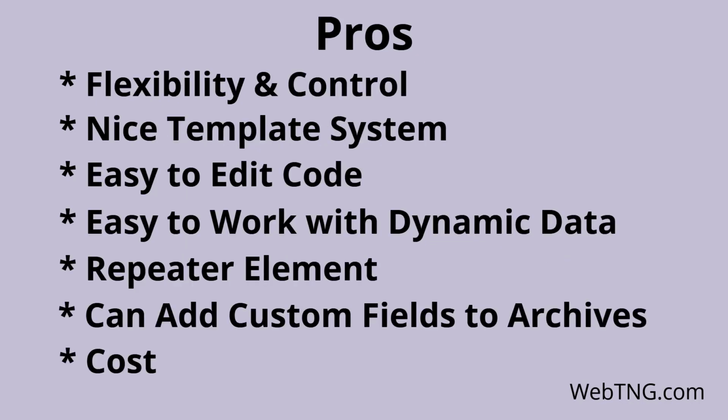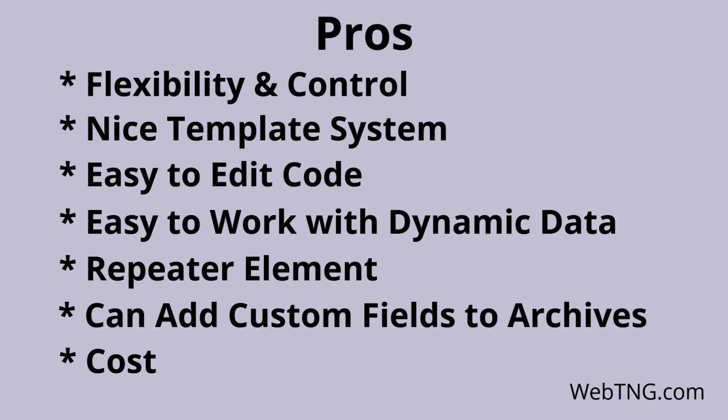There are also some great strengths with Oxygen. You have more flexibility and control than with other builders. Oxygen has a nice template system with the hierarchy and the ability to inherit from base templates and the priority system to override other templates. You can easily work with code like in the Easy Posts element.